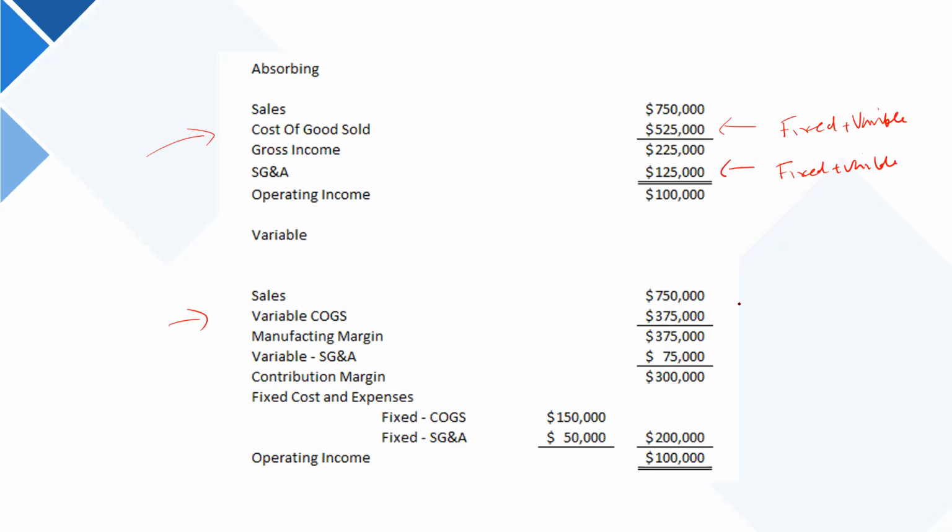The difference with the variable method is that directly with the production cost, you only have variable cost and expense, and at the bottom, you have only fixed cost and expense.